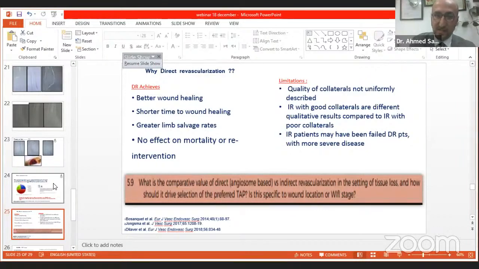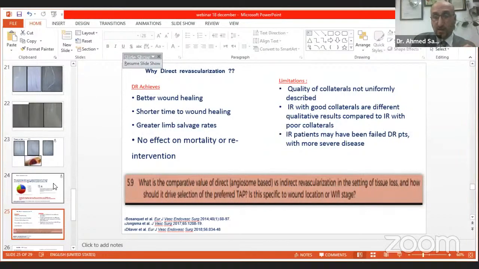But the limitation against direct revascularization is that we are ignoring the collateral circulation status. If we have indirect revascularization with good collaterals, it is much different from poor collaterals with indirect revascularization. And some of the indirect revascularization patients have failed direct revascularization, and this gives us feedback about the severity of the disease.